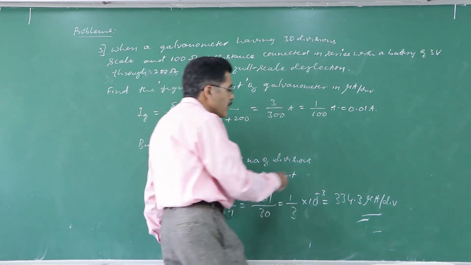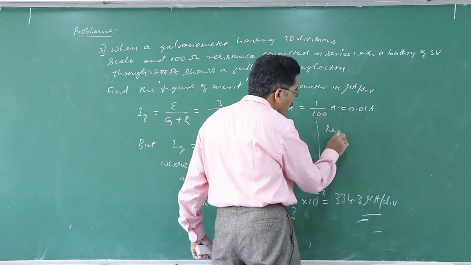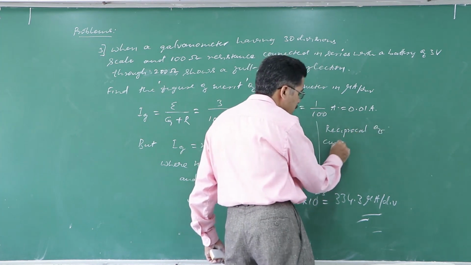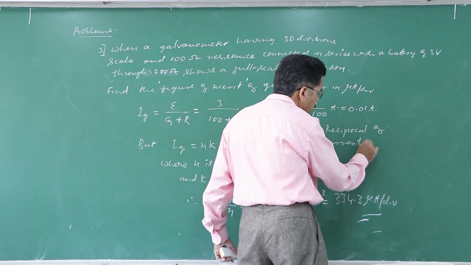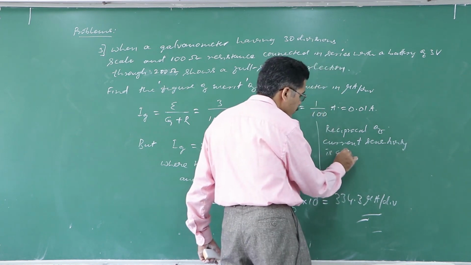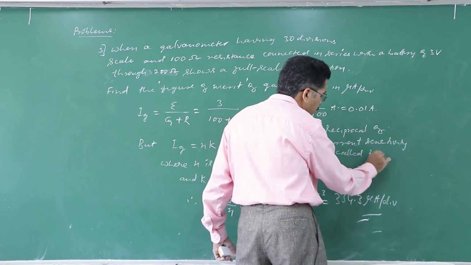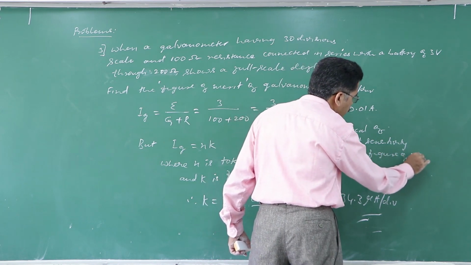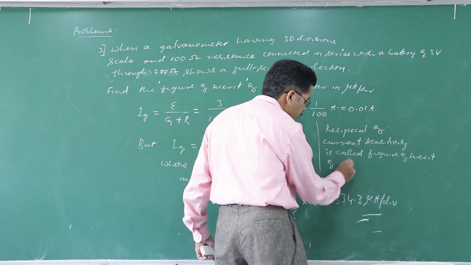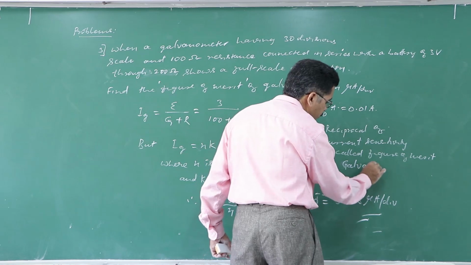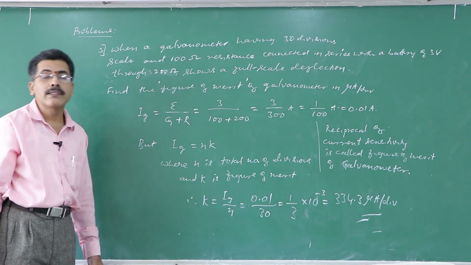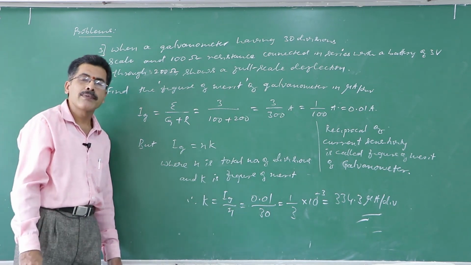What is figure of merit? Reciprocal of current sensitivity is called figure of merit of the galvanometer.